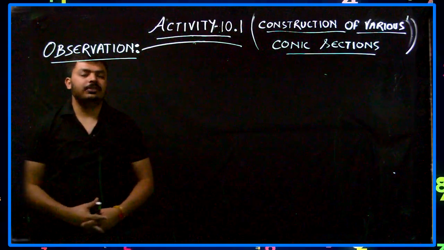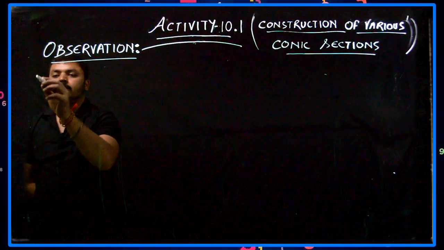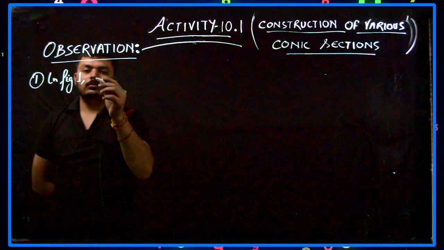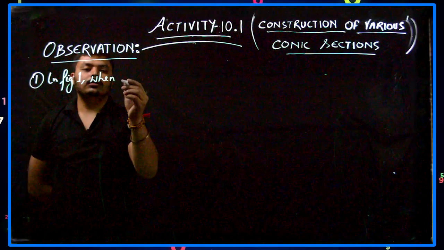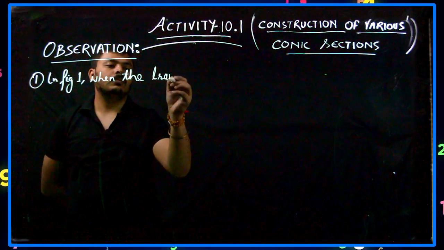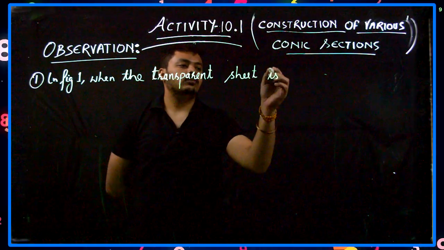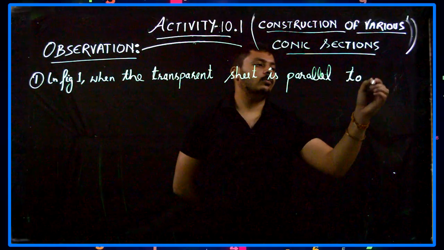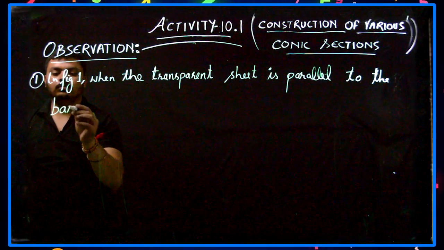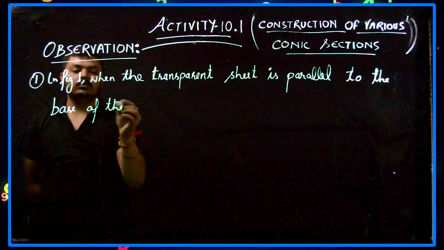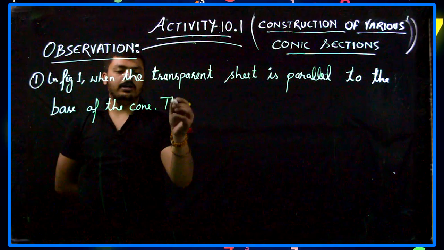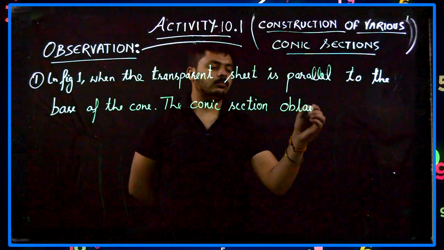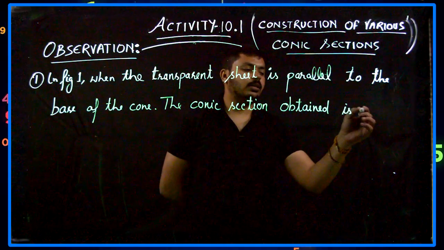So students, now let's see the observations for the given activity. First, in figure 1, when the transparent sheet is parallel to the base of the cone, the conic section obtained is a circle.